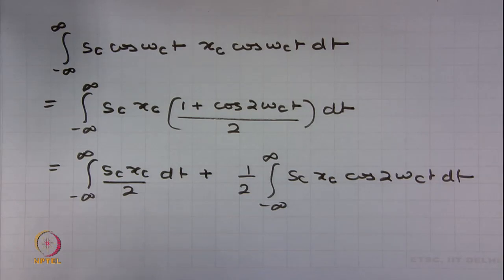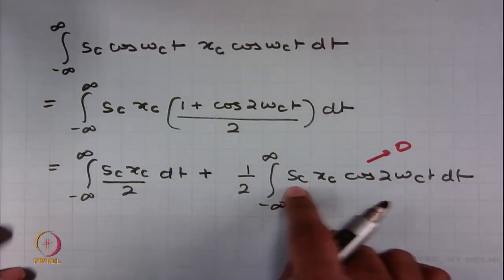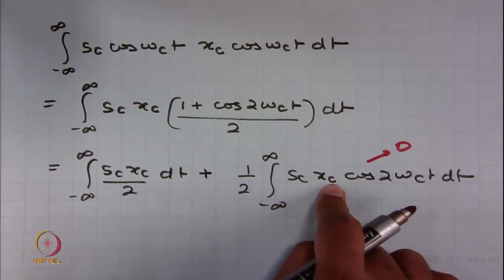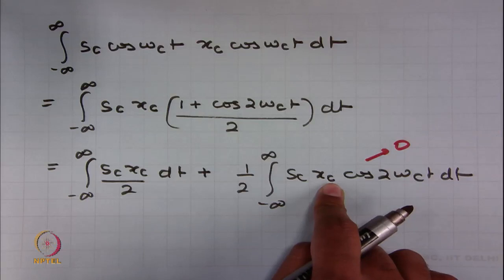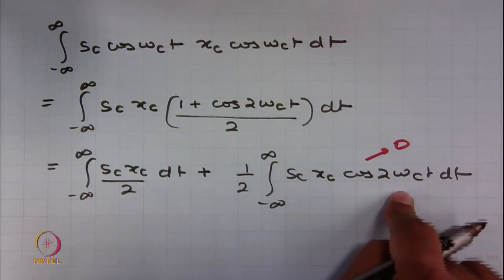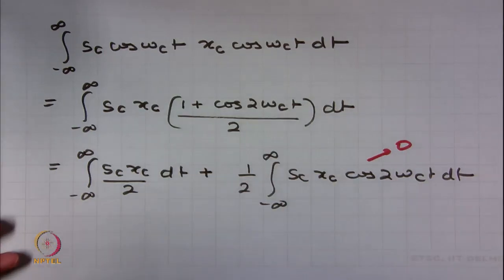Now, you have to very quickly judge that this part should be 0. Why is this 0? Because SC and XC are the baseband components. Baseband components means their frequency spectrum is centered around DC. This is a component whose frequency spectrum lies at around 2 omega c, right. So, there is no overlap in the spectrum of these two signals, and if you invoke Parseval's theorem and if you have done the proof of the property 1, it should be very clear to you that this integration should go to 0.